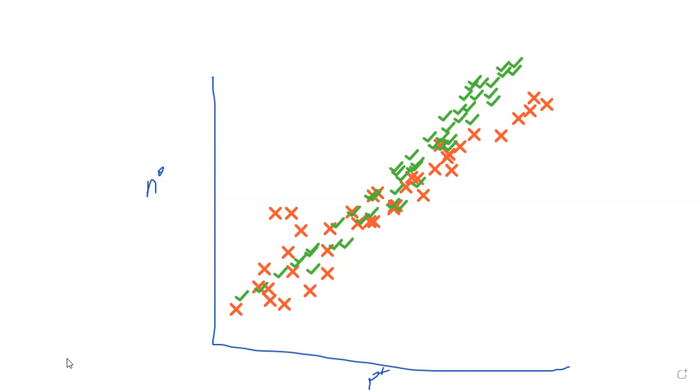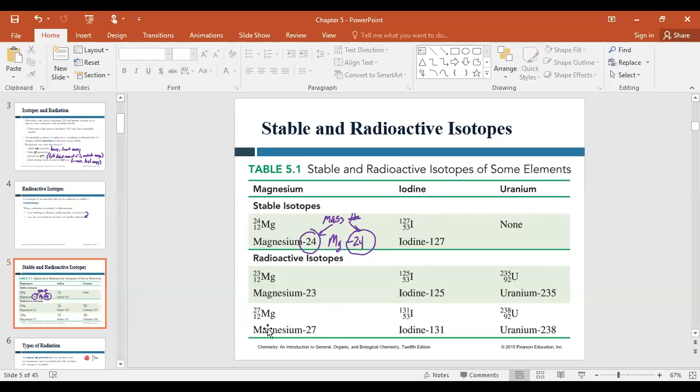And so how do I know that this is stable and these ones are not? It's the ratio. It's the ratio. I know that with magnesium, 1 to 1, 12 against 12, is probably the most common form. 12 to 11 seems like it's really close, but it's just a little bit different.